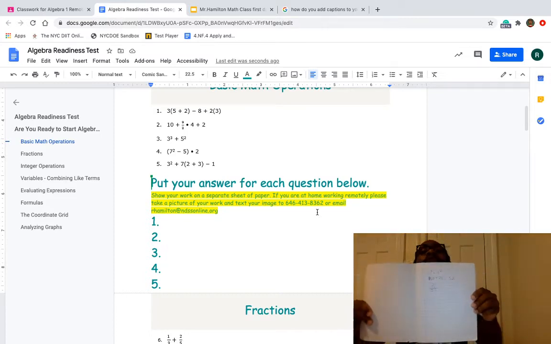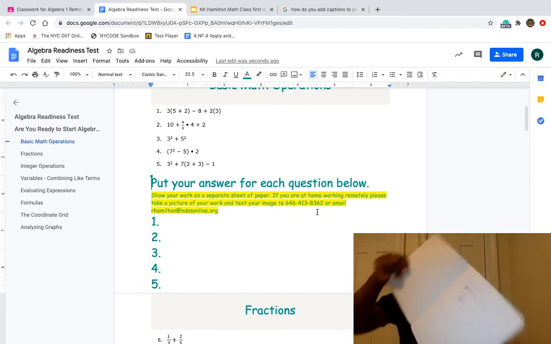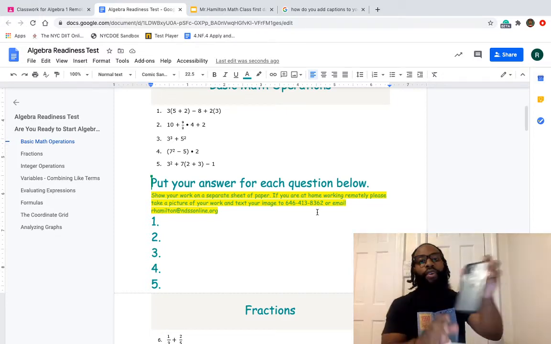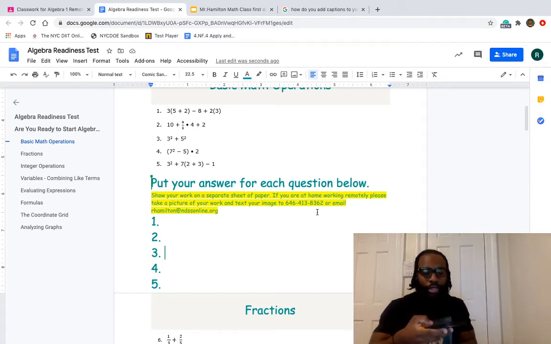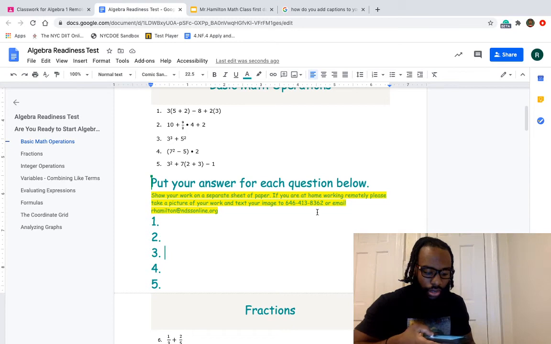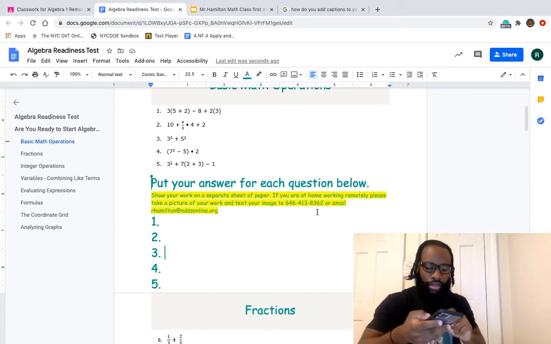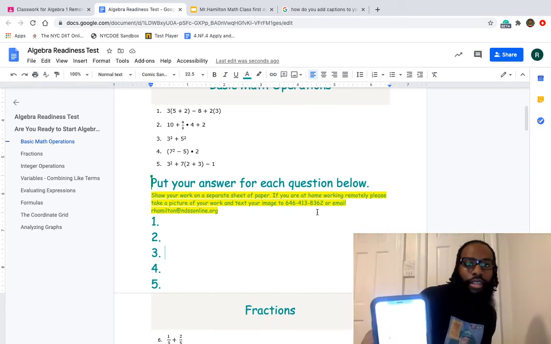Now, to get credit for this, I have my phone. Or if you don't have a phone, you can use somebody else's phone or your iPad or whatever device you have. I'm going to take a picture of it. Hope everyone can see this right here.